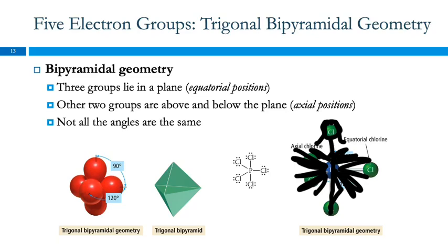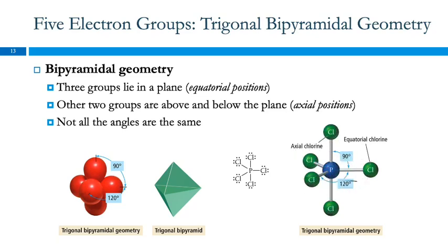I know it's like a black scribble, but you get the idea? And these are different because the angle between her head and her tutu is 90 degrees. And between the tutu and her legs is 90 degrees. But the angle between these groups that are in the equatorial position in the tutu, those are 120 degrees.